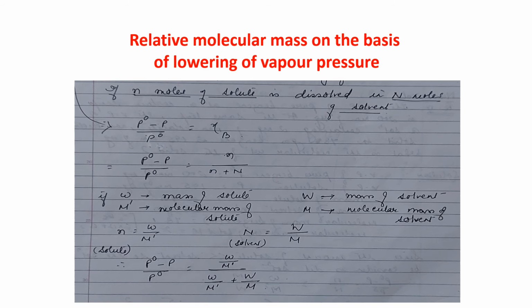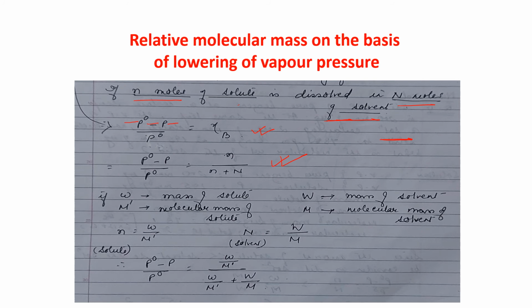If small n moles of solute is dissolved in capital N moles of solvent, then (P0 minus P) by P0 equals chi B, that is the relative lowering of vapor pressure formula, can be written in this way also because chi B is the mole fraction of the solute.